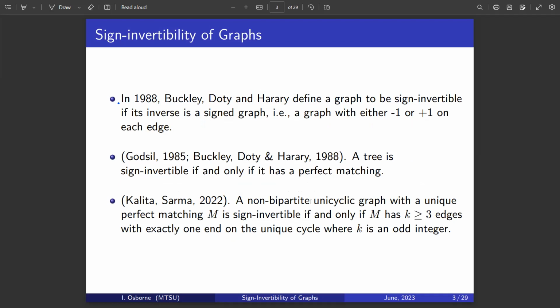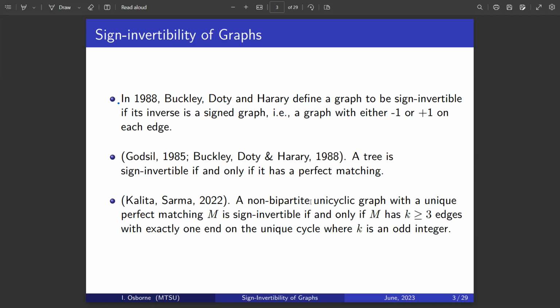This was first discussed in 1988 by Buckley, Doty, and Harary, who defined sign-invertibility as being if the inverse is signed. So it's either going to be -1 or 1 on each edge. This translates into the adjacency matrix having entries of only 0, -1, or 1. So you're taking a simple connected graph and taking its inverse and getting out a simple signed graph. You don't have any weights on any of these edges.